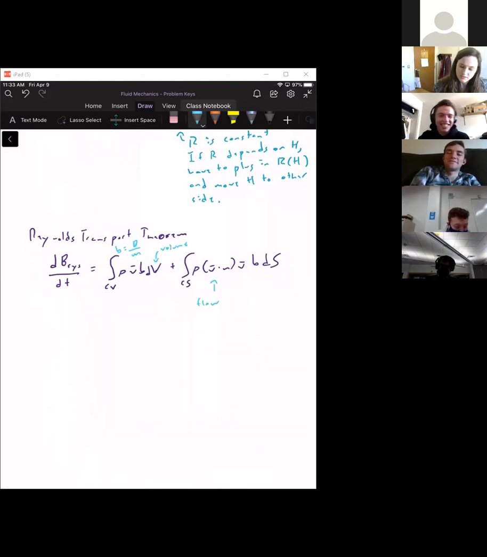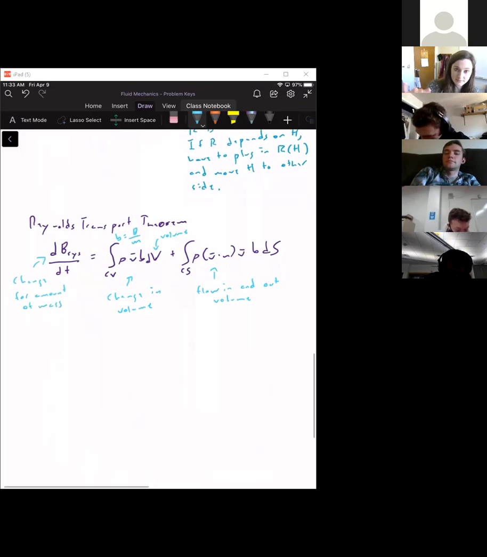Okay, so this is flow in and out of volume. Change in volume. Change for an amount of mass, let's say. So for a chunk of mass.